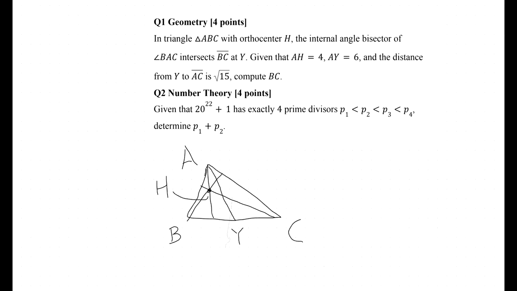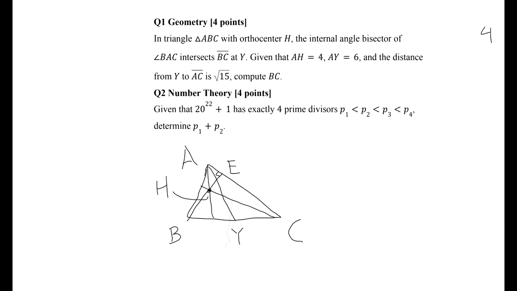So the first thing you can do is let E be the foot from B to AC, so this is a right angle. And then now we do some trigonometric manipulations. So we have 4 equals AH.